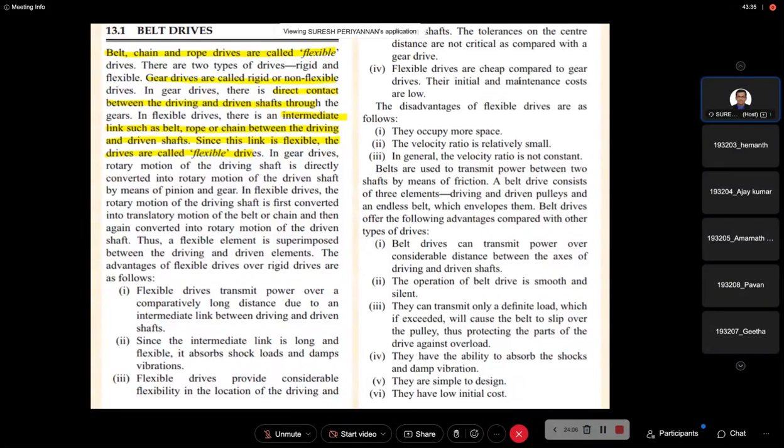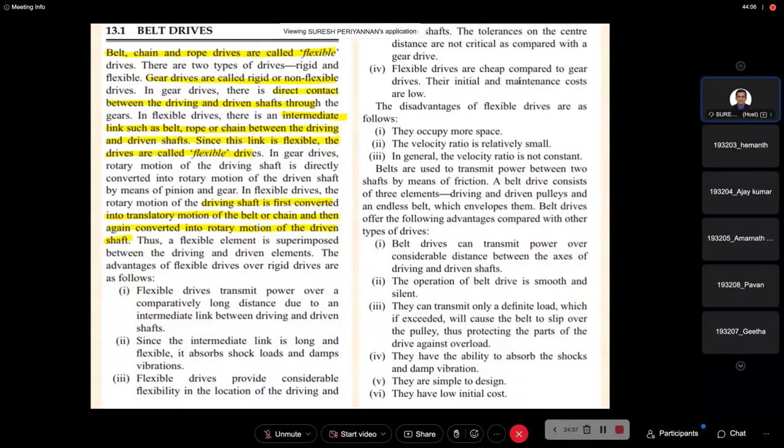Now in this, the driving shaft's rotary motion is first converted into linear motion of the belt, then again converted into rotary motion of the driven shaft. This is the flexible drive mechanism, versus the rigid drive mechanism concept. In a rigid drive mechanism, power is transmitted from driving shaft to driven shaft as rotary motion to rotary motion.